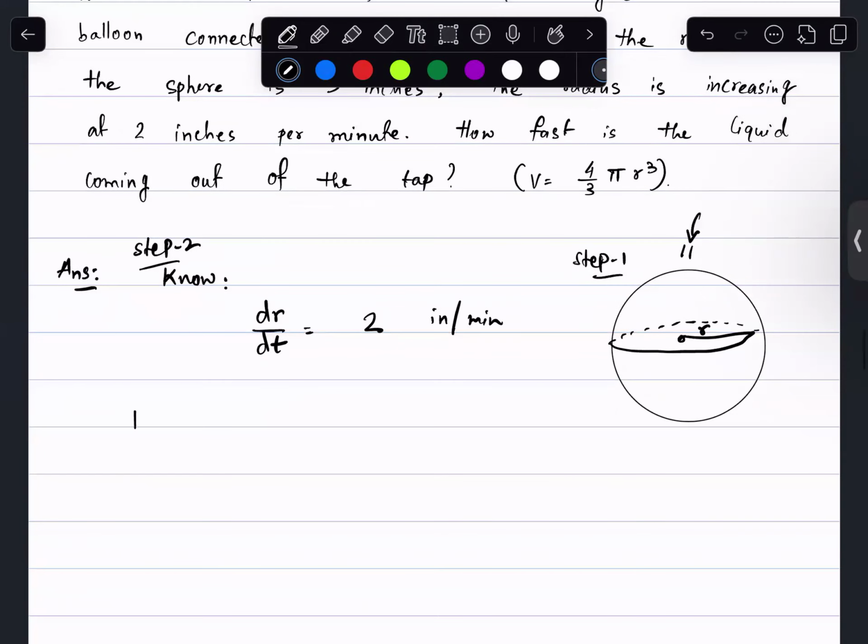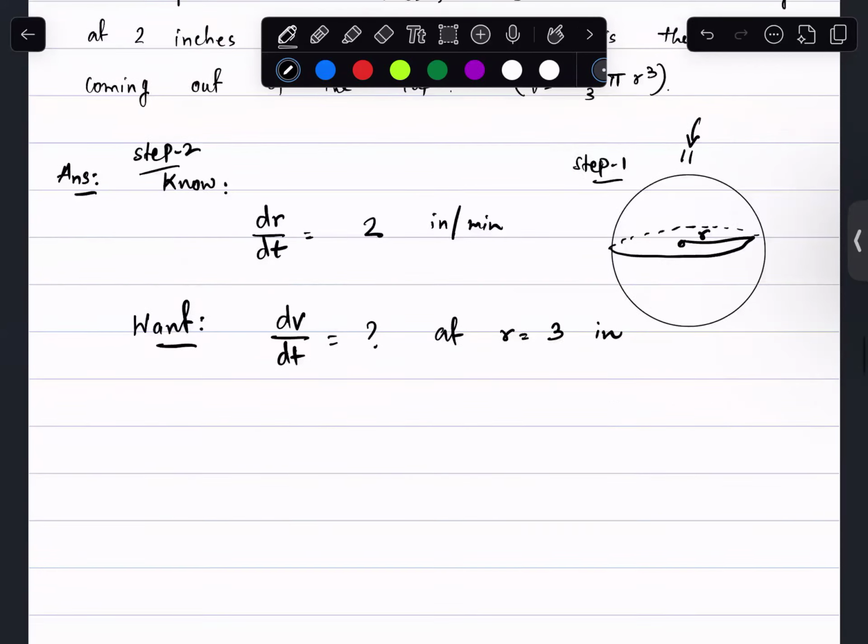Okay. Now, what do I want? What rate do I want to evaluate? So I want to evaluate dv over dt, right? At when the radius is 3 inches. Okay.